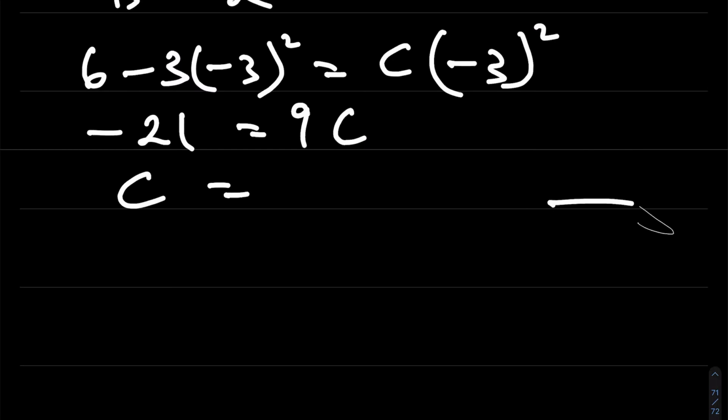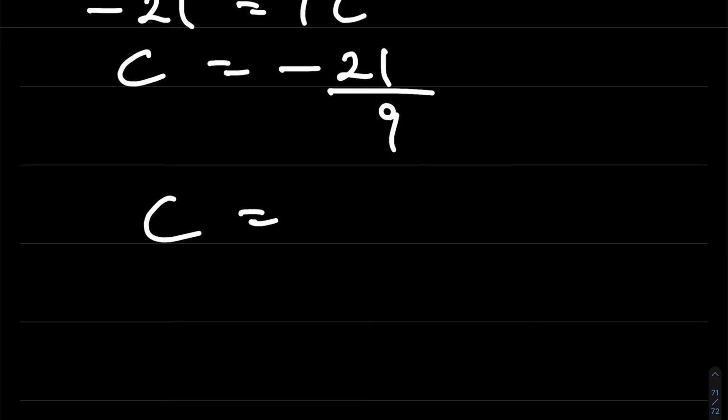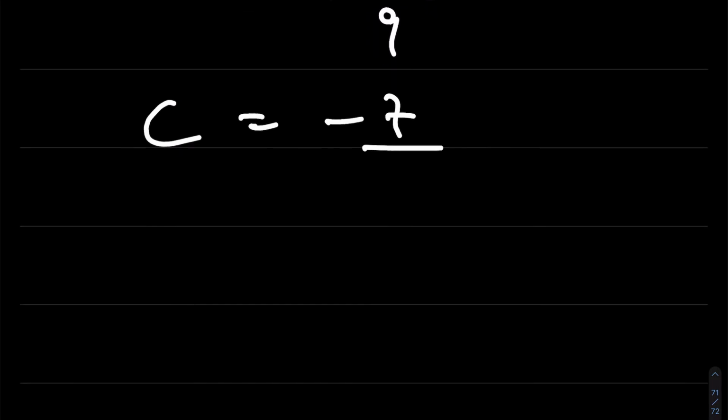Maybe I should write that, minus 21 over 9, and that means c equals minus 7 over 3.